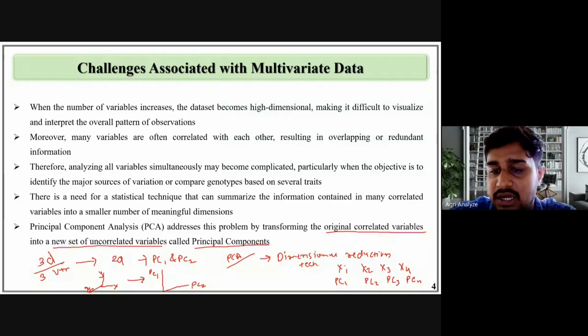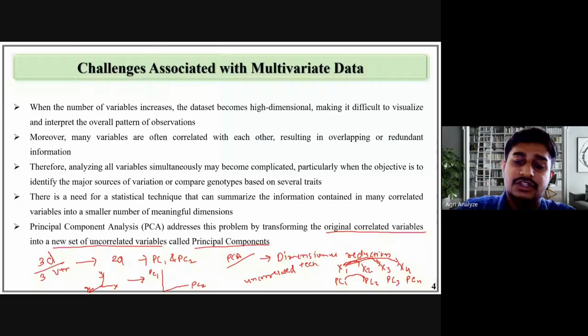The original variables are correlated with each other, but PC1, PC2, PC3, and PC4 are orthogonal to each other. Orthogonal means uncorrelated with each other. That's why it is an orthogonal transformation. Principal component analysis is also known as orthogonal transformation.